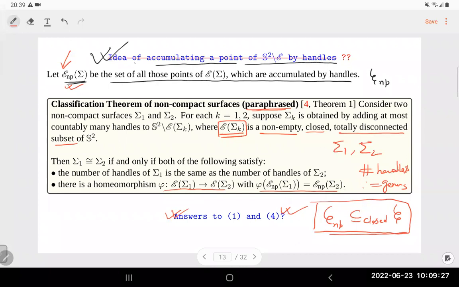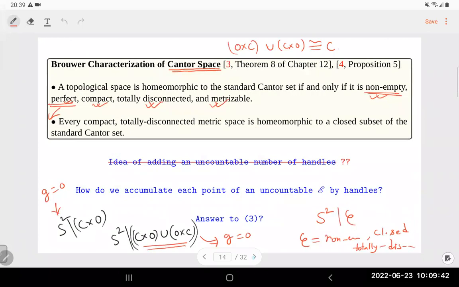But the set of non-planar ends is empty because we have no handles. For non-planar ends, we just accumulate handles, so this portion is vacuously true. And a homeomorphism exists just by the Brouwer characterization theorem. So these two surfaces are homeomorphic.